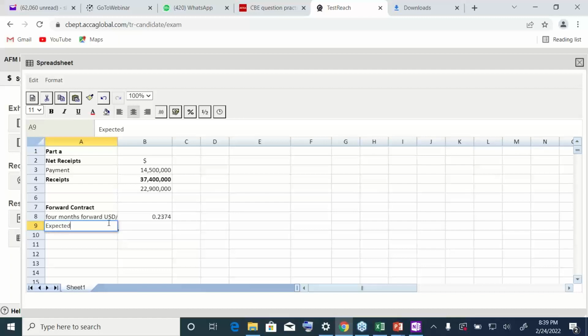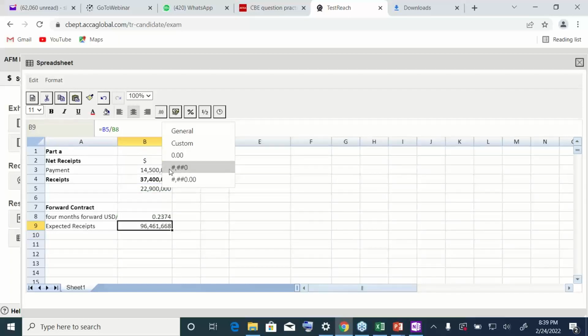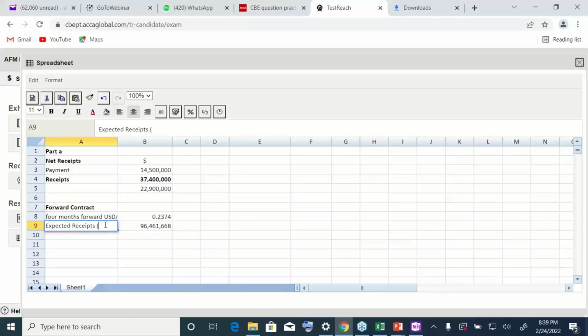Expected receipt will be dollar divided by this rate, which is 96.46 million MR.